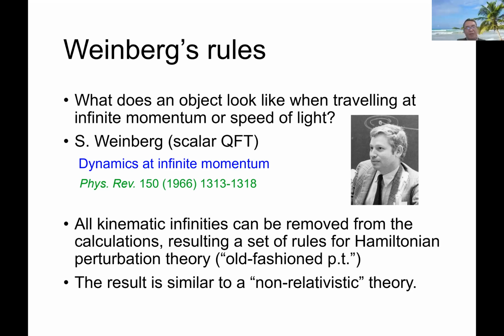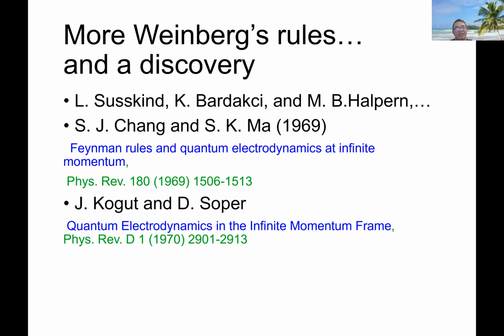And so he had a bunch of rules. We call them Weinberg rules, how to calculate things in the infinite momentum frame. And subsequently, people like Susskind, Bardakci and Halpern, all those people, explored more in the field theory context how these rules work.